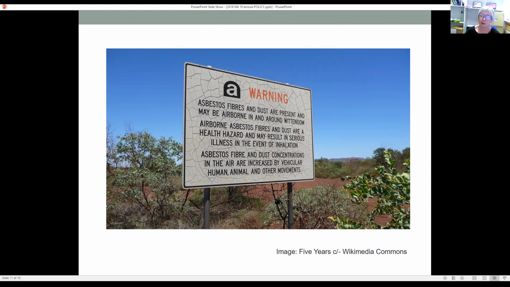It was a highly profitable organisation in the industry in the 1930s, and there were a great many people out of work due to the Great Depression, and the Western Australian government and the Australian government were very keen to populate the unpopulated north, as they said in those days, and the government provided subsidies to help build the town of Wittenoom and house the people who were employed there.